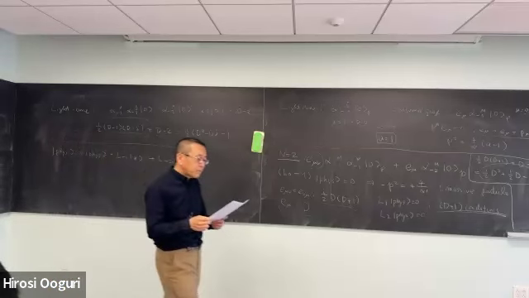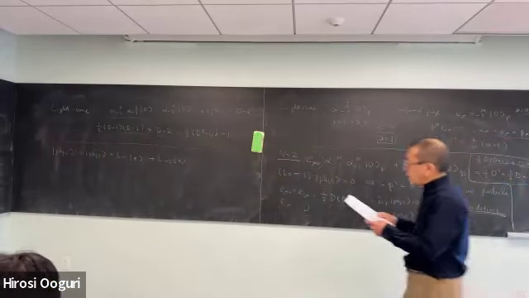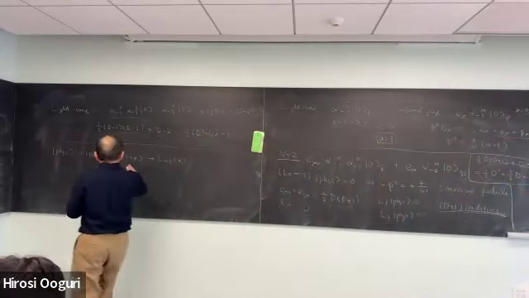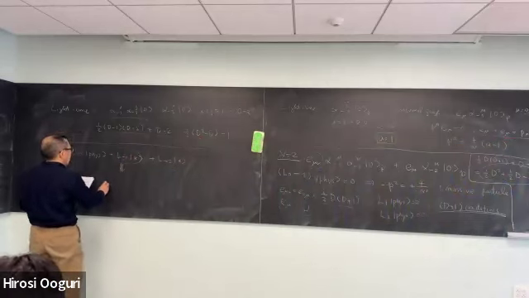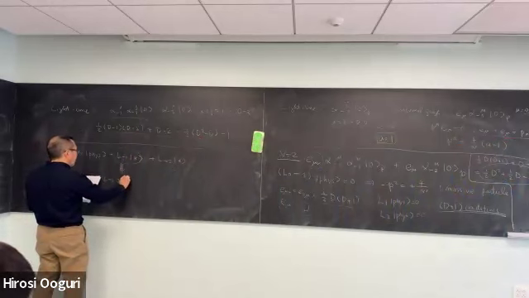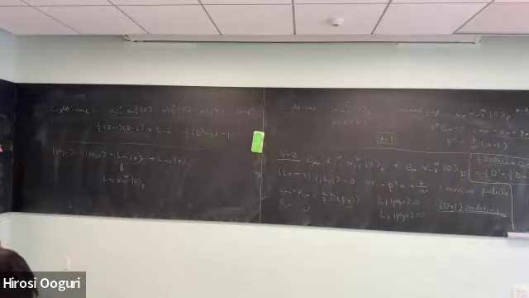Right? Okay. So what kind of state do we get? Well, from this, you get a state like L minus 1 alpha minus 1 mu acting on the vacuum with momentum P.